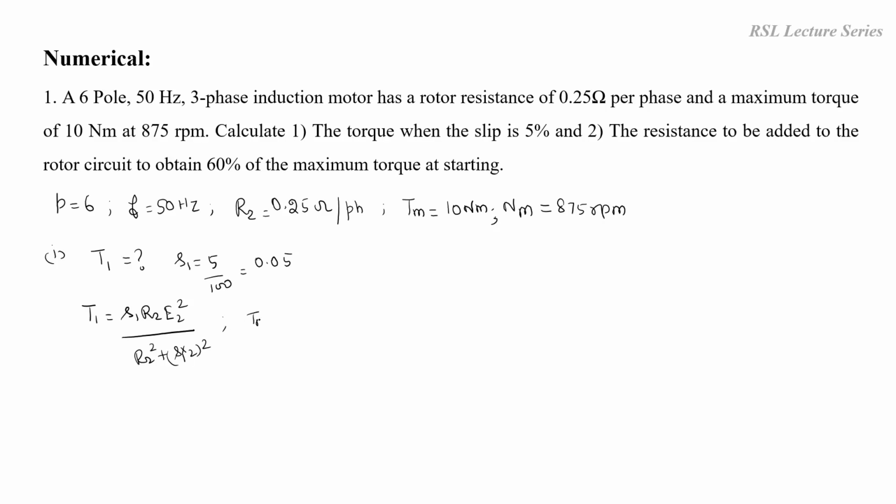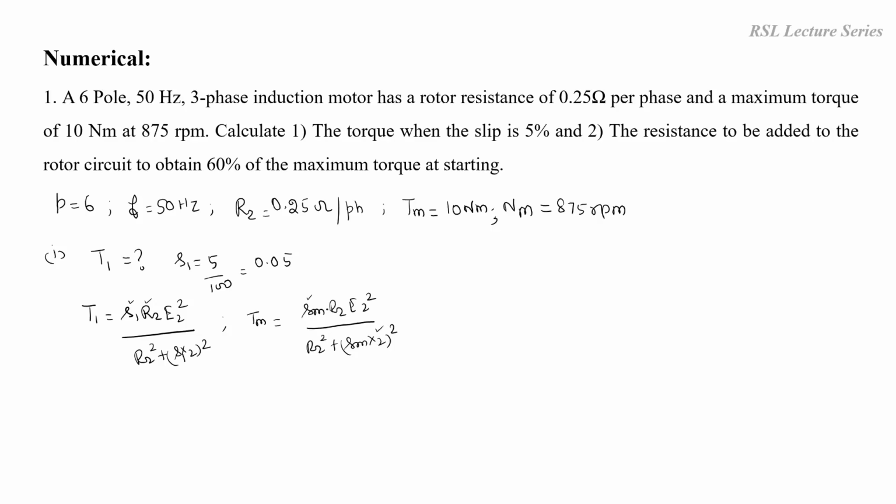Similarly, we can write the maximum torque as Sm into R2 into E2 square divided by R2 square plus Sm into X2 whole square, where Sm is the slip corresponding to maximum torque. So here we have S1 and R2, but we do not have Sm as well as X2.